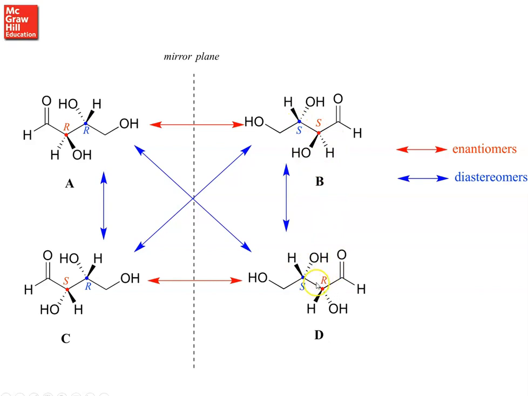Now we also can change these, if we look at these over here, we can make other mirror images, and these are going to be enantiomers, and then these are diastereomers from the starting point. So those are just ways of looking at this and understanding what enantiomer versus diastereomer means.